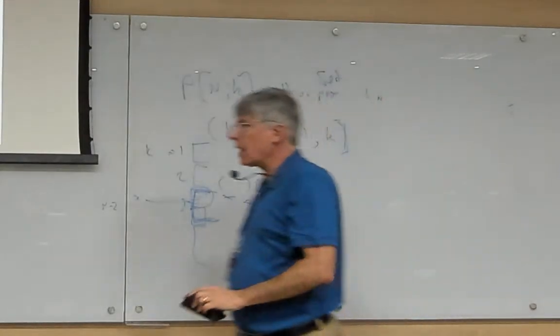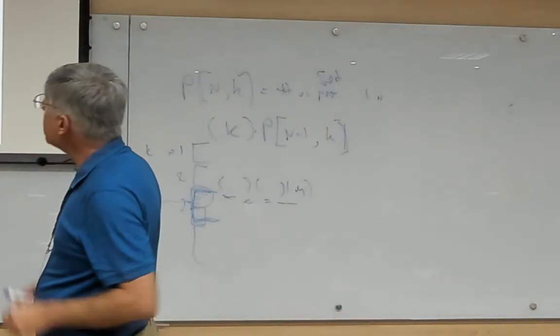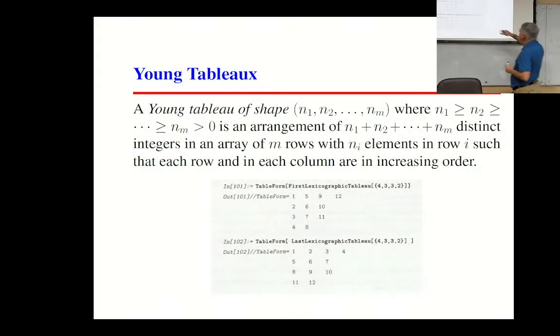What is a Young tableau? A Young tableau is going to have the shape of an integer partition, okay? If we look at this thing, the shape of this thing is 4, 3, 3, 2. That's an integer partition of 12, right?